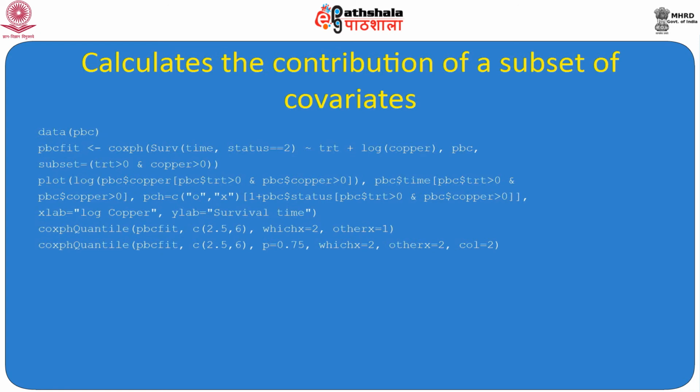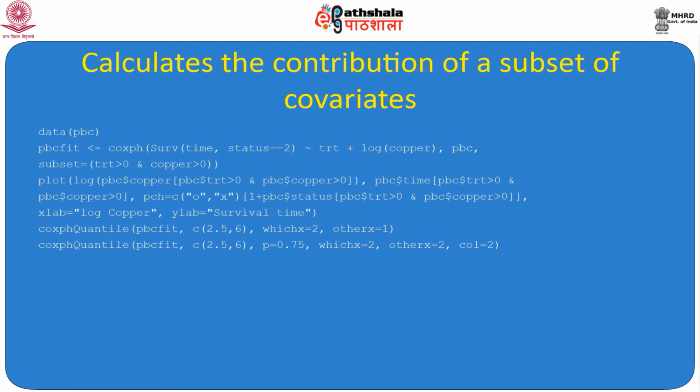Before producing the graph, we are also using the function coxph quantiles to get the quantile estimates into the graph. Not only that, we are also putting the 75% quartile in another color. So the first coxph quantiles call will give us the first quantiles, and the 75% quartile, that is the third quartile, will be obtained by the second function, coxph quantiles on the same data.